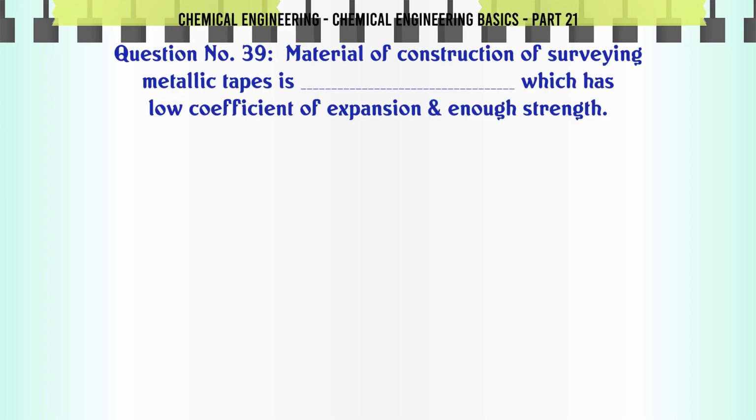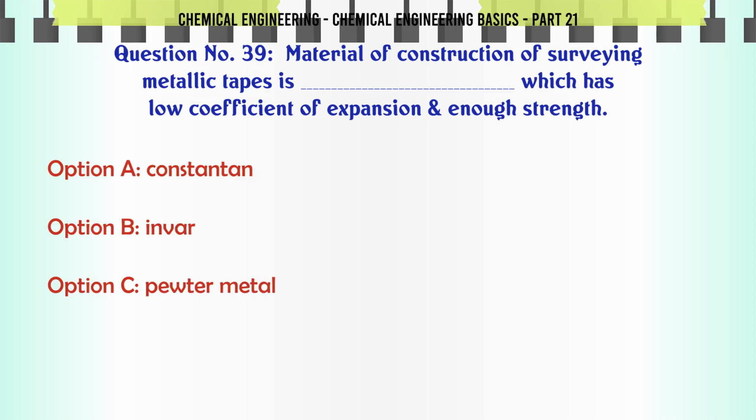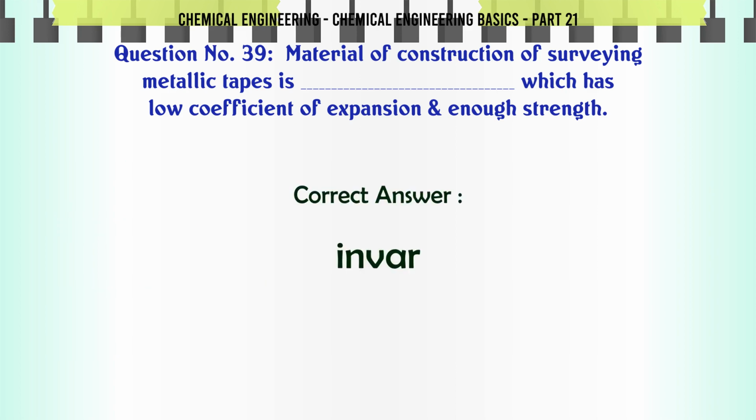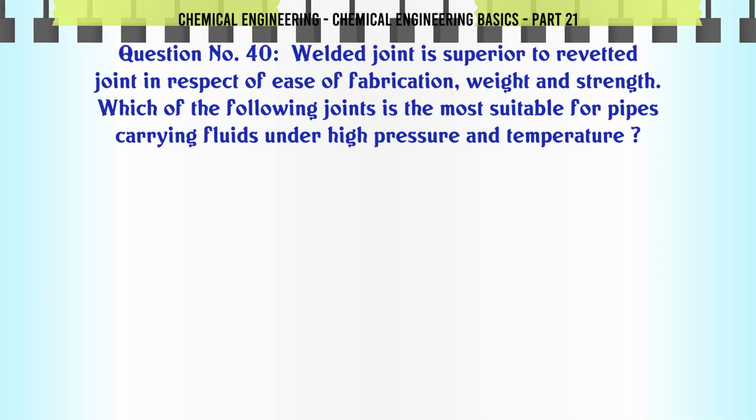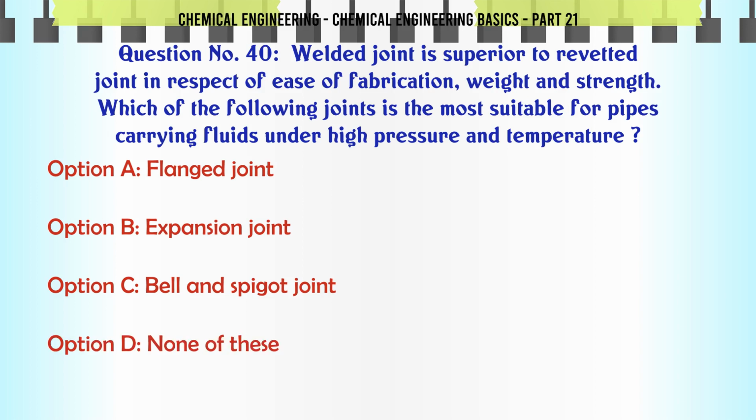Material of construction of surveying metallic tapes, which has low coefficient of expansion and enough strength, is: A. Constantan, B. Invar, C. Pewter metal, D. Monel metal. The correct answer is Invar. Welded joint is superior to riveted joint in respect of ease of fabrication, weight and strength.